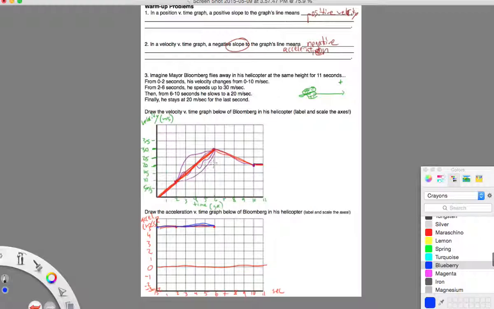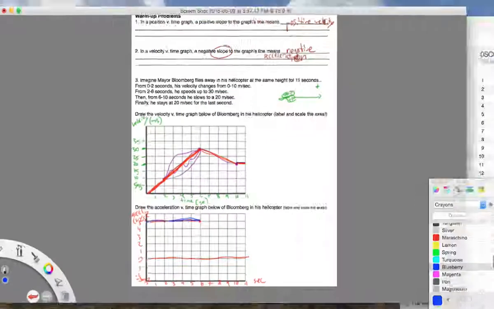Now it goes down 10 and over 4. 1, 2, 3, 4. So negative 10 over 4. What is negative 10 over 4? Let's get a little calculator out here, just because it's late in the day.